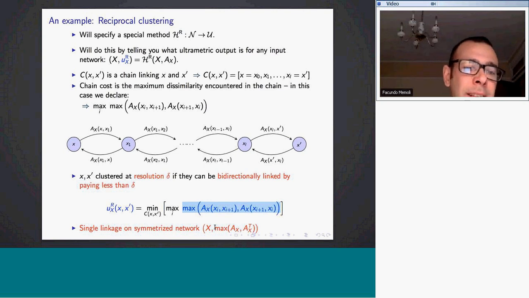Then you can apply single linkage to that. Now, when you verify that method H super R satisfies the axioms.